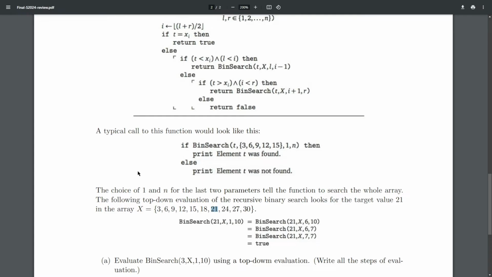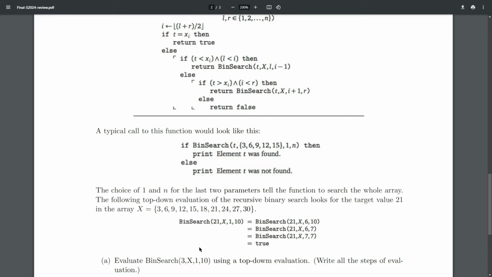Now, the question says evaluate binary search of 3, x, this given the same set given to us, 1, which means the first index, and 10, which is the last index. Now the reason we're given the indices here is because this is a recursive algorithm, so it's going to be calling itself but with different indices to determine which half of the array it's going to be searching in.